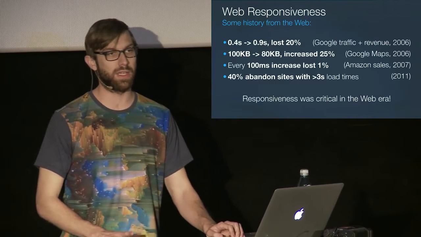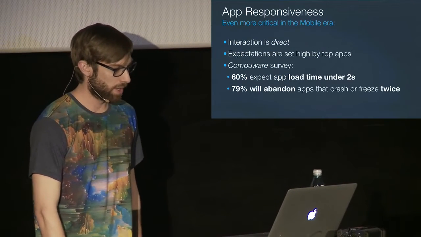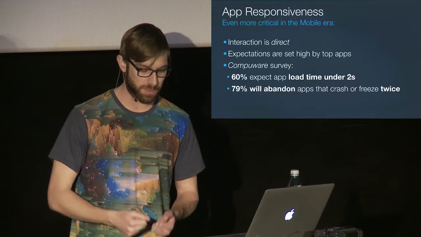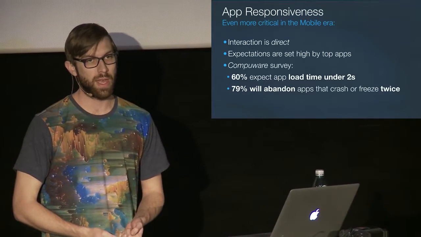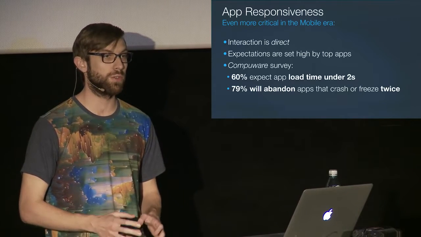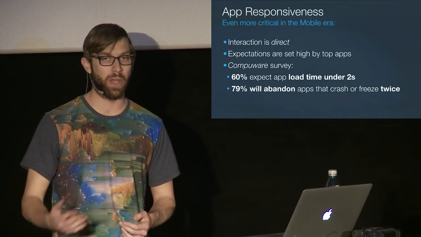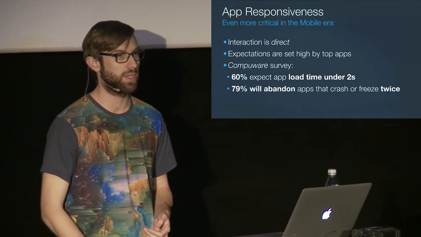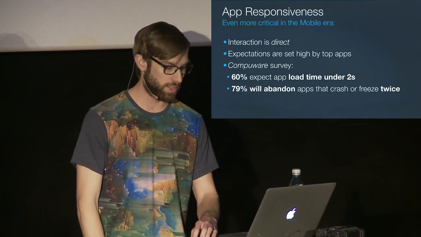This was well recognized as critical in the web era. But nowadays it's even more important because there isn't this abstraction of the mouse between the user's interaction and the screen. It's very direct, and the expectations are very high because Apple and other major publishers spend a lot of time working on this stuff. So users that spend a lot of their time on the platform with those apps have specific expectations that are built up from what they do.